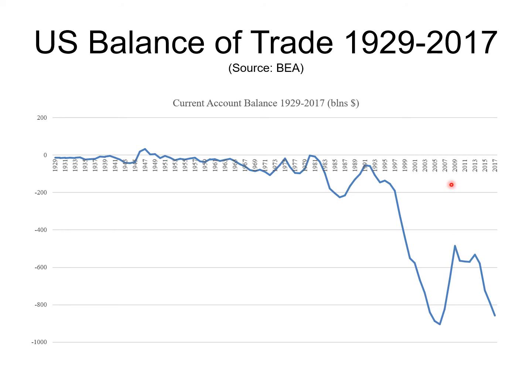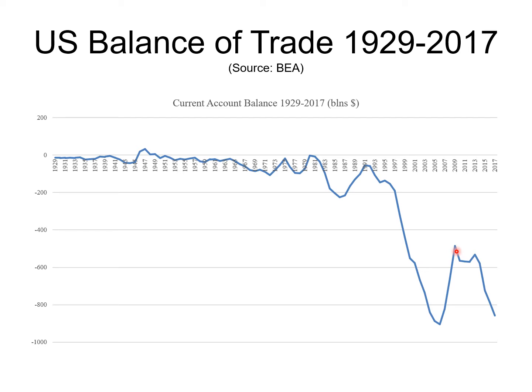Look at 2007 to 2009. This is the Great Recession. This is the best current account that the U.S. has run in how long? Since the 1990s. Okay, their current account deficit was here, plunged down to here, and so it picked up in 2007, 2008, but the volume of trade dropped.